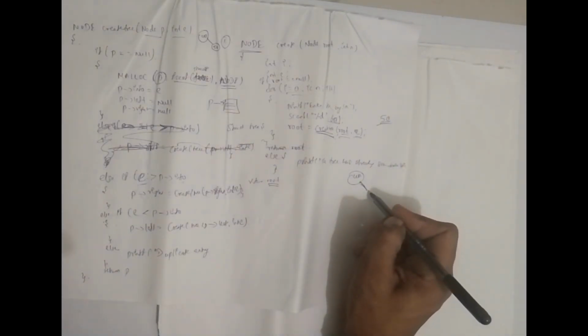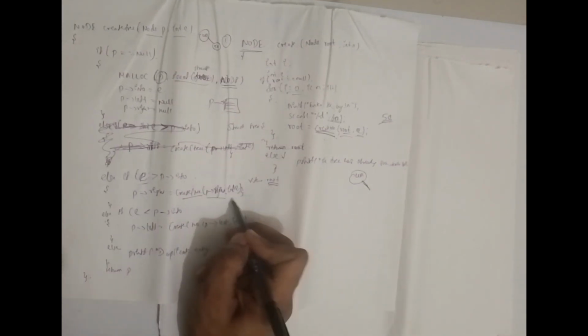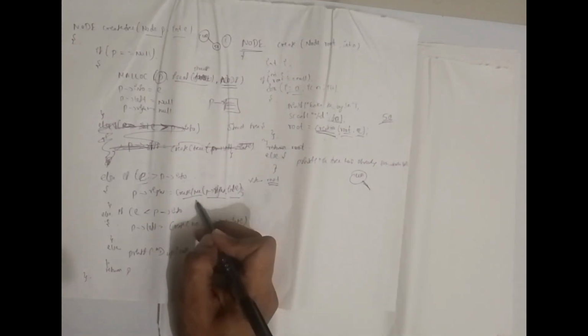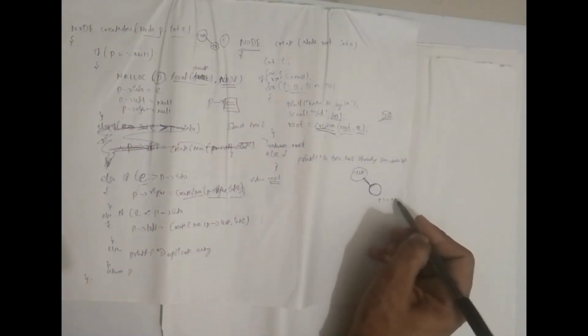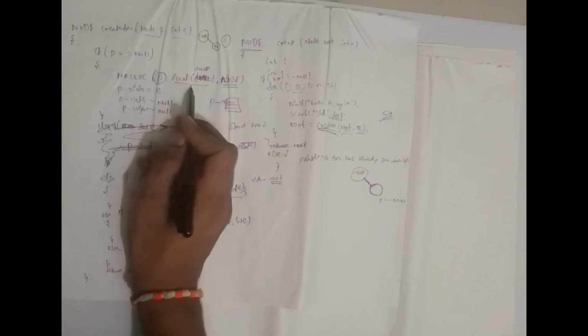Now P is pointing to here, and create tree P right, it's again calling the function. Now our traversal is here. Next, is P equal to null? Yes, P is equal to null, so it will allocate memory and create a node.